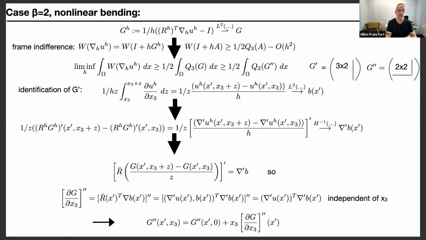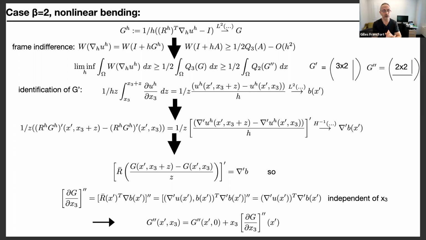But what is this grad u^h of x prime and so on? Well, it's what I wrote. It is exactly what you would do if you perform this difference, 1 over z times R^h G^h translated, okay? Which now you can pass to the limit in the left-hand side of this equality, because you know that G^h converges weakly, but R^h converges strongly in L2.